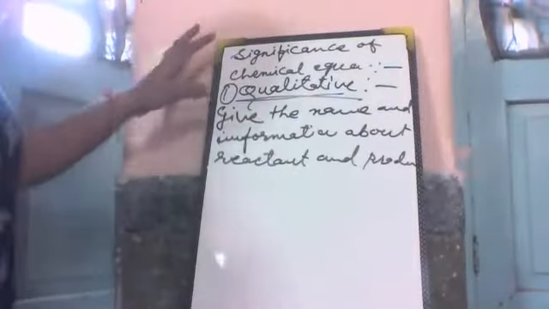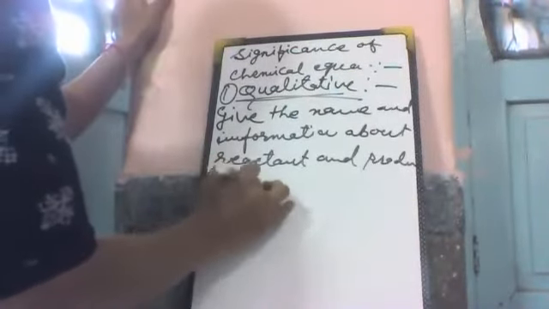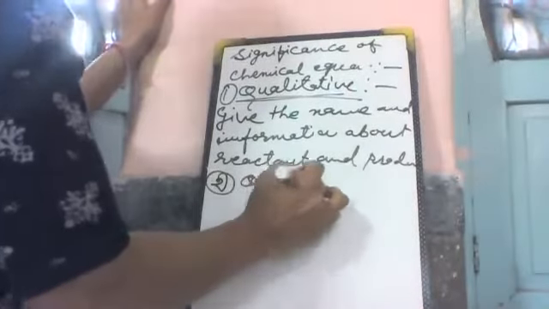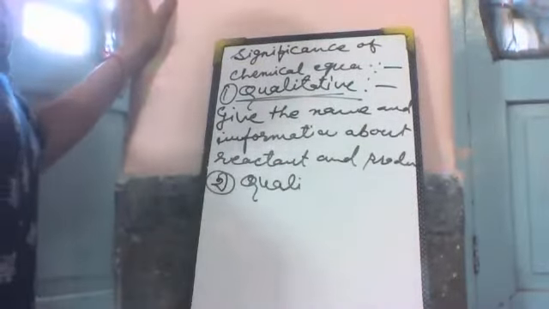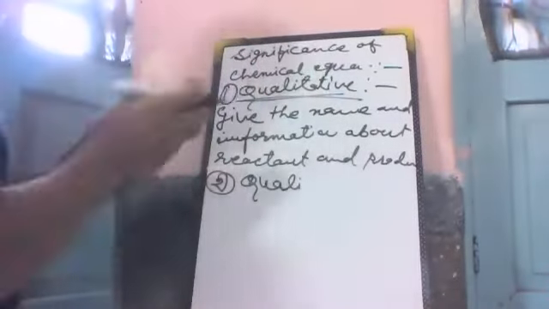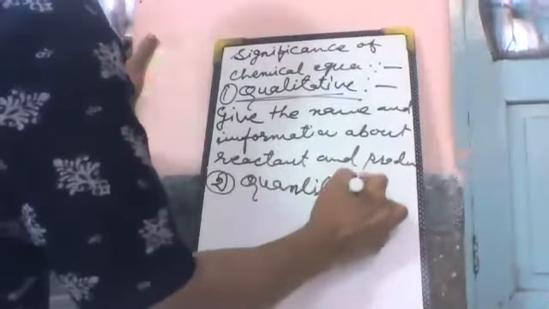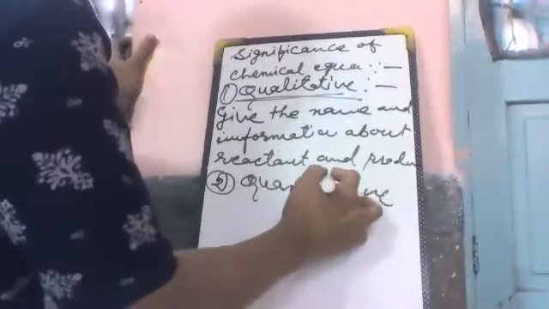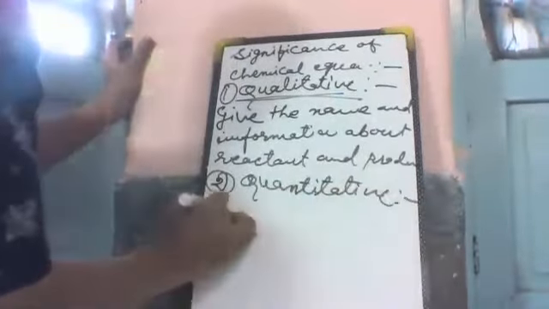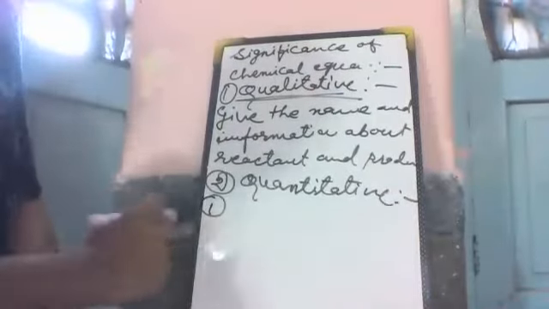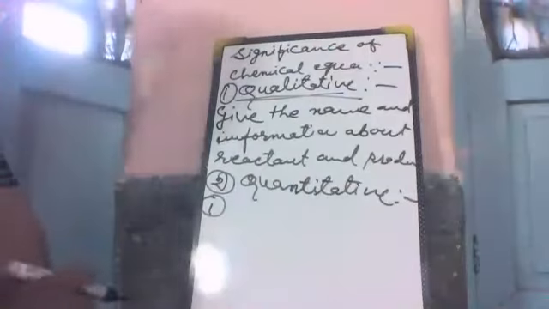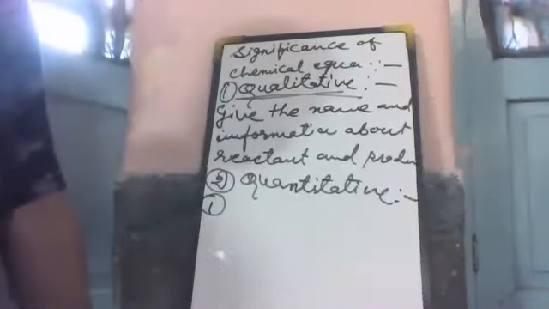Then the next significance of chemical reaction is quantitative. In quantitative significance, we can find the relative number of molecules of reactant and product.